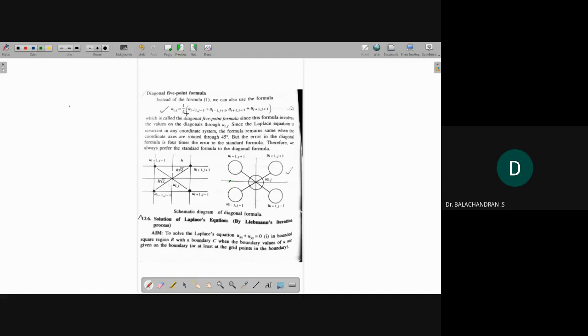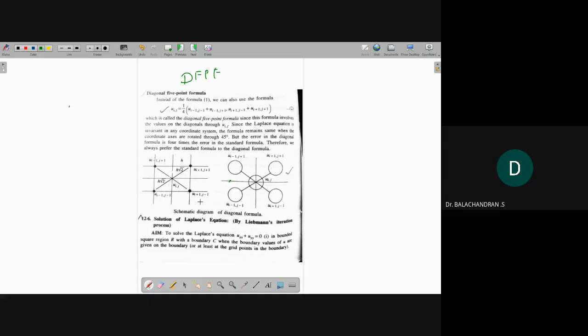So that is given here. This is the diagonal 5-point formula. So u(i, j) equals u(i-1, j-1) plus u(i-1, j+1), and then u(i+1, j-1), and then u(i+1, j+1). So this is called the diagonal 5-point formula, in short form DFPF.